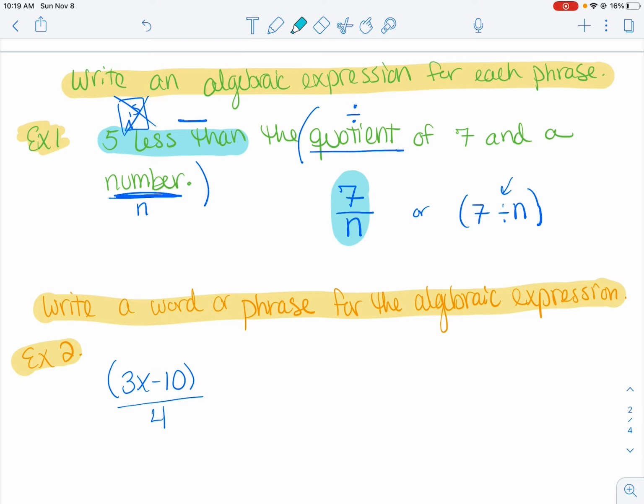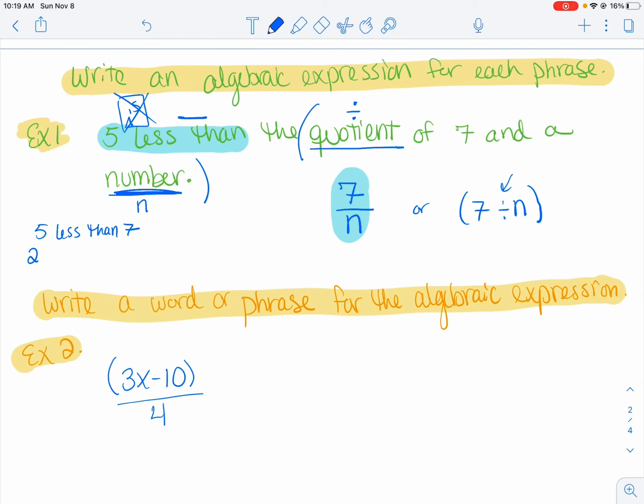And then the beginning of the sentence says we have 5 less than the quotient, right? So think about it. If I told you had 5 less than 7, you would tell me that you have 2, right? Because you had 7 to start with and you took 5 away. So what you're really doing when you say 5 less than is you're subtracting that from the quantity, right?